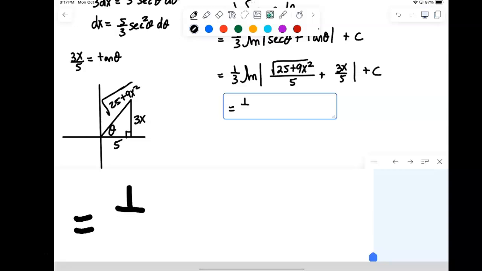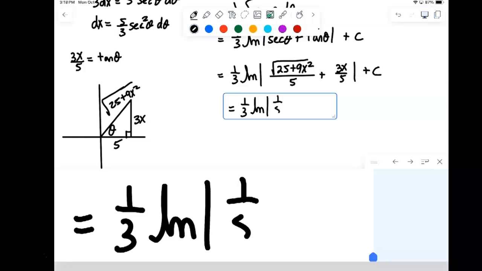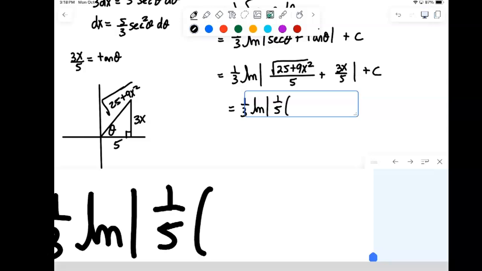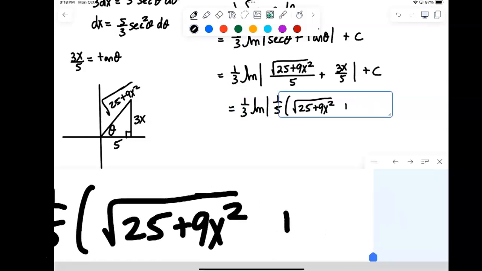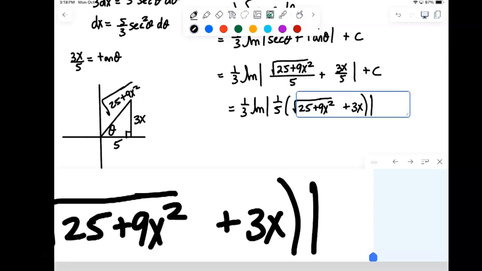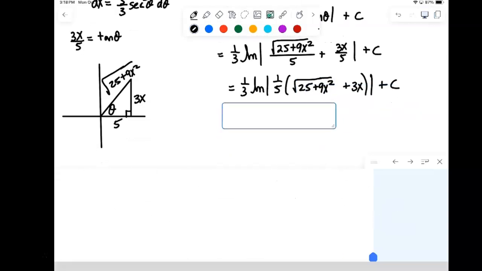However, do not be surprised if when you look this up or follow along with a textbook, they do something like this and drop out that 5 from the ln.